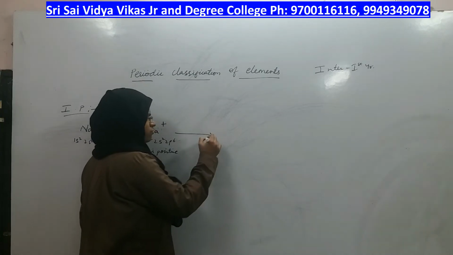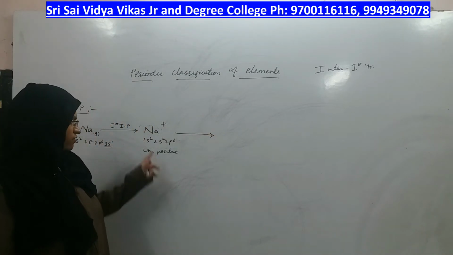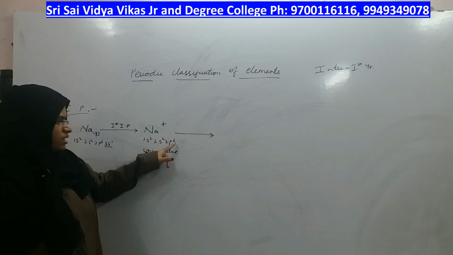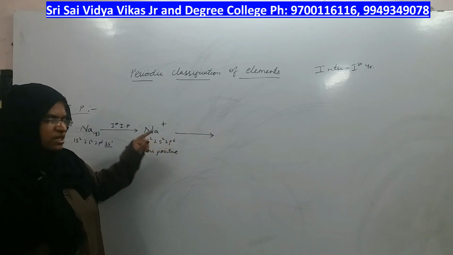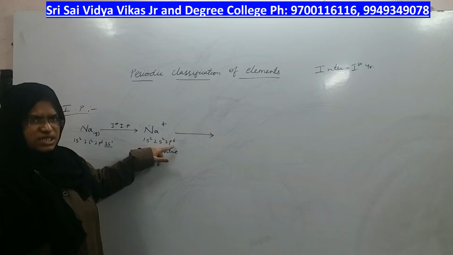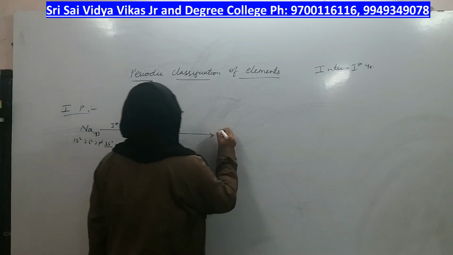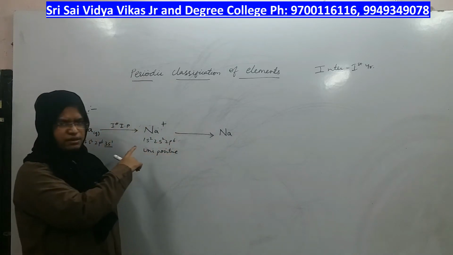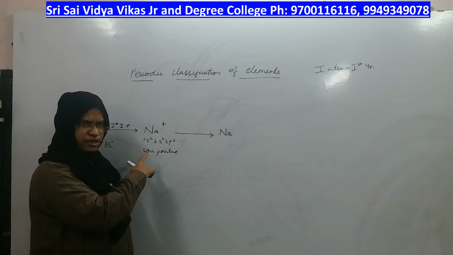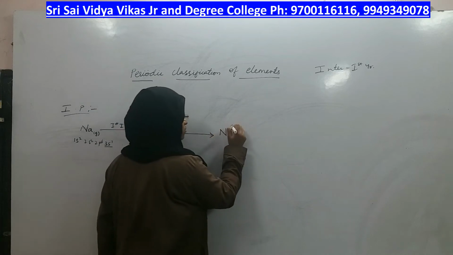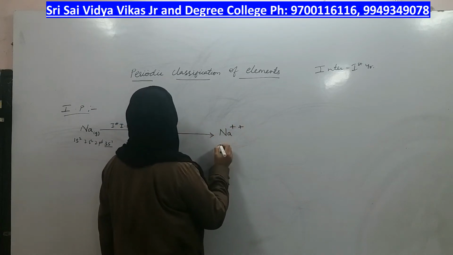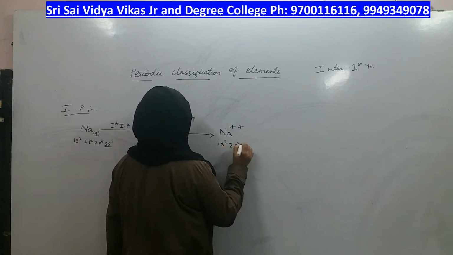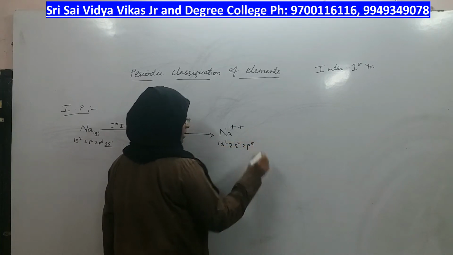In the same way, if you want to remove one more electron from this unipositive ion, which electron will go now? The electron present in the valence shell. Now the valence shell is 2p6, right? So if one more electron is lost from the Na+ ion, you will have lost 2 electrons in total, and now the configuration becomes everything the same except the last electron: 2s2, 2p5.